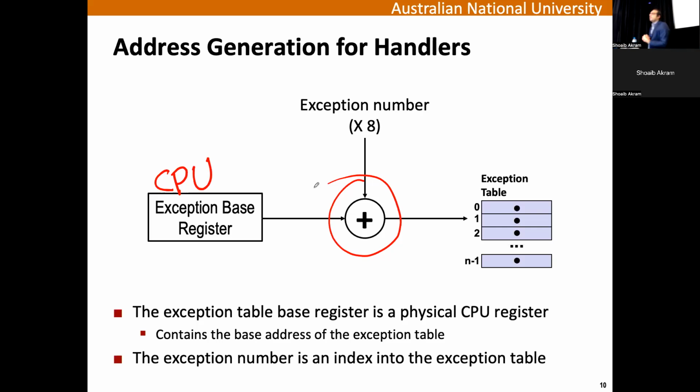For each type of event, whether it's someone raising a signal on a CPU's pin, divide by 0, or any kind of event, the CPU knows the exception number. If it knows the exception number and the base address of the exception table, then it can reach the address of the exception handler. All right?